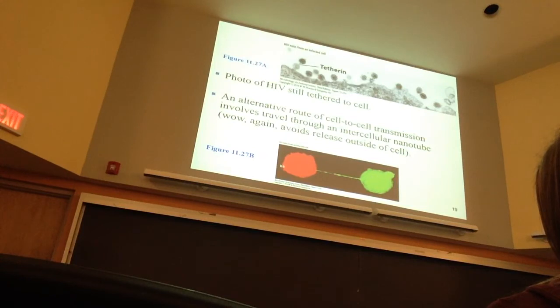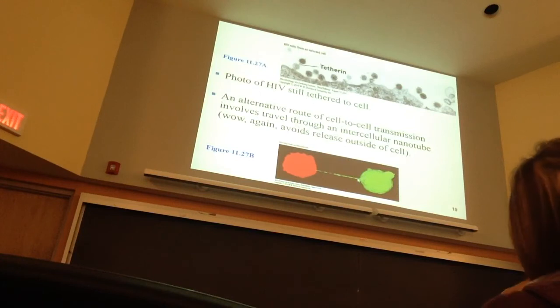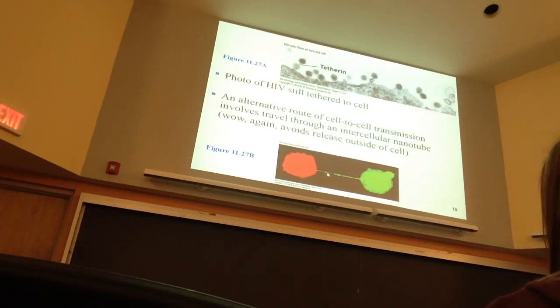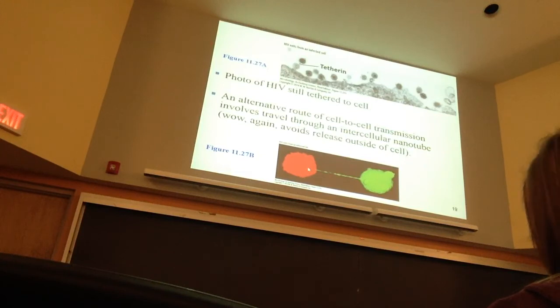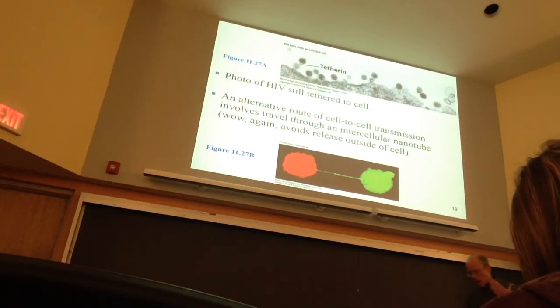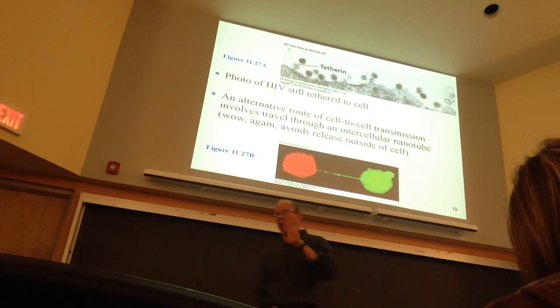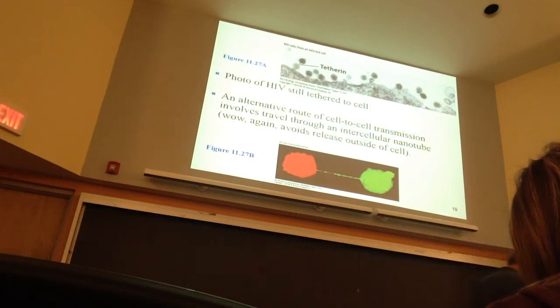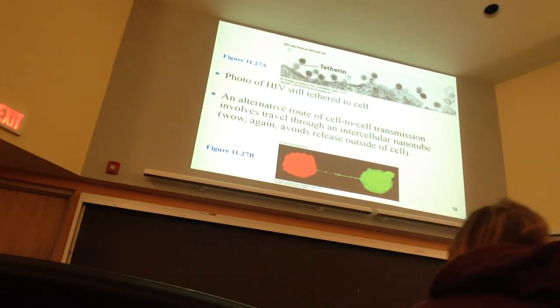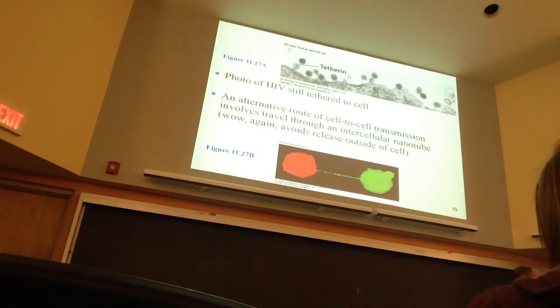So this is one mammalian cell, and here's another mammalian cell just stained with different dyes, but showing that this cell is extending an HIV-laden nanotube, and this cell is now being infected by this cell through this unusual structure that, again, allows the HIV to avoid detection outside those cells. So it actually has two different mechanisms to evade the immune system.